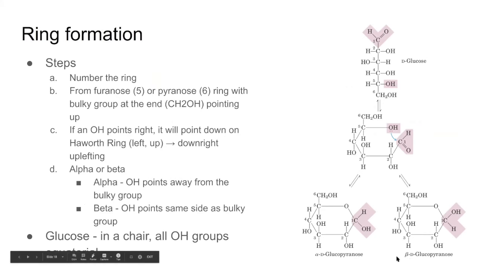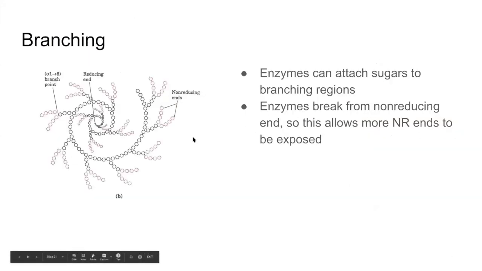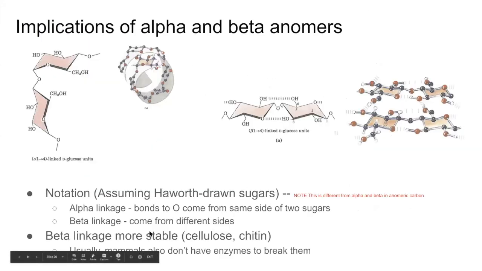So this is naming alpha and beta-ness in terms of one sugar. There's another use of alpha and beta in sugars, and that is describing how polymers chemically bond. If you have a long chain of polymers of sugars like this one, so you can imagine there's more sugars on the left and on the right, we look at their glycosidic bond and ask in which direction do they point.